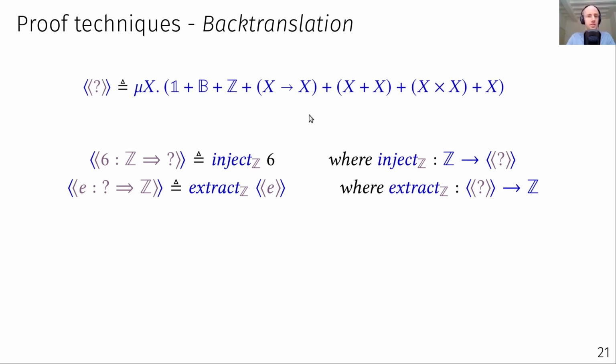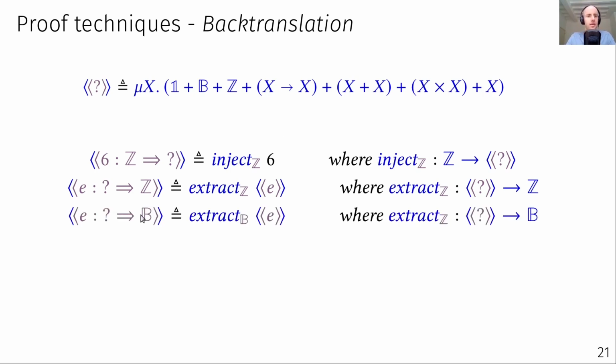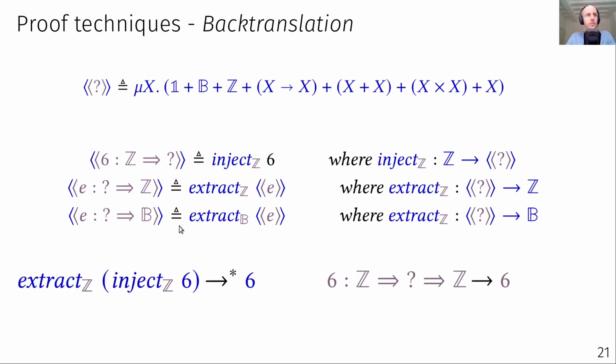How will it do it? Well, it will check if it is of the right form. If it is of the right form, then it will just return the integer. If it is of a wrong form, then it will just diverge, so it will avoid giving us back an integer. As another example, we have exactly the same when we downcast something from the unknown to a Boolean.